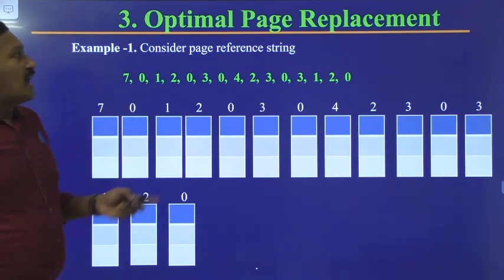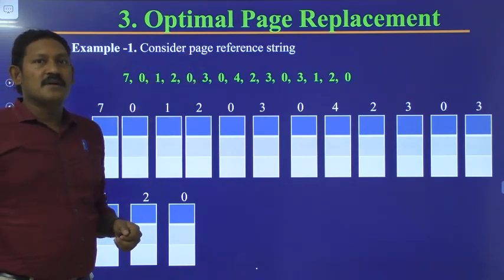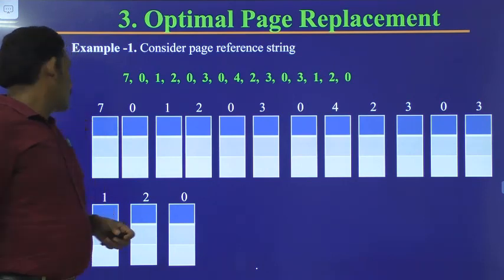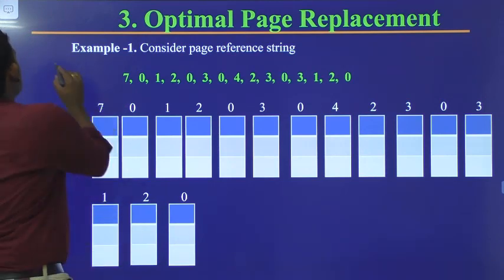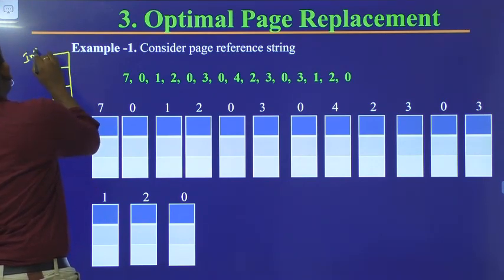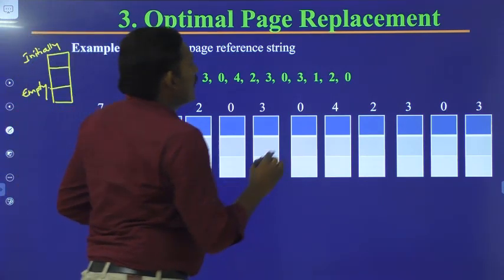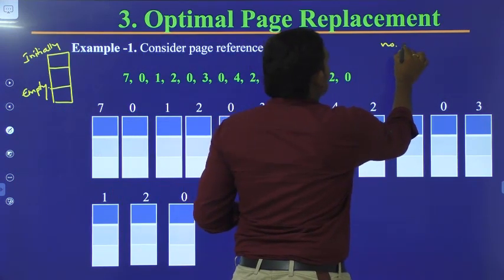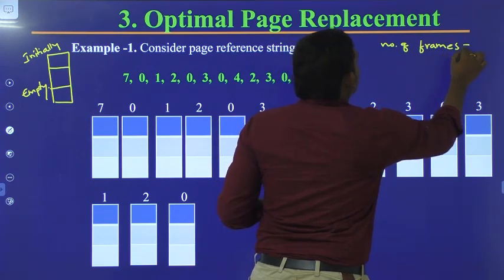Next we will go for the last method. It is nothing but the optimal page replacement algorithm. So here also, as usual, let us suppose initially the main memory is empty, and the number of frames are 3.